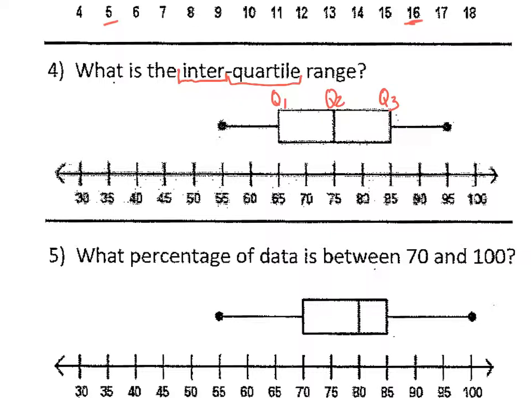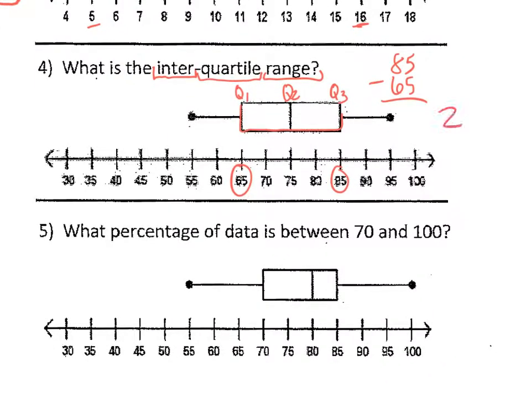Subtract 65 and 85. Good. It's asking for the range inside of those quartiles. So 85 minus 65, and that's 20. So your interquartile range is 20.